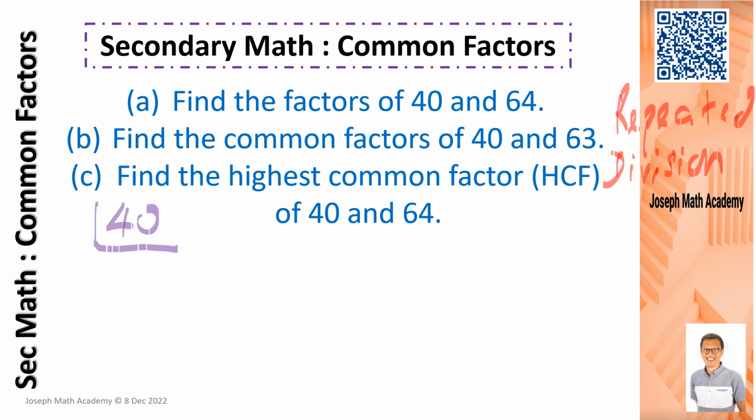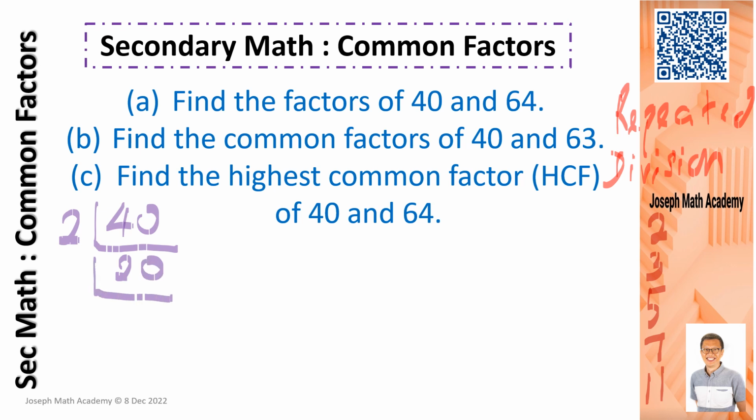Now what are prime numbers? If you refer to my earlier slides, prime numbers are 2, 3, 5, 7, 11, and so on. Let's have the first five. First, let's do division using the first prime number, 2. 40 divided by 2 gives 20.